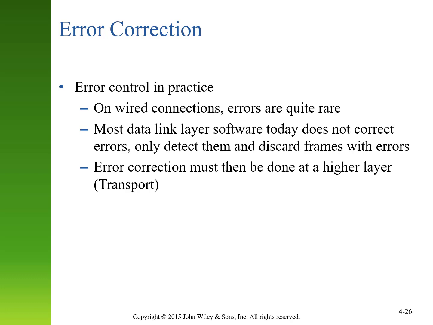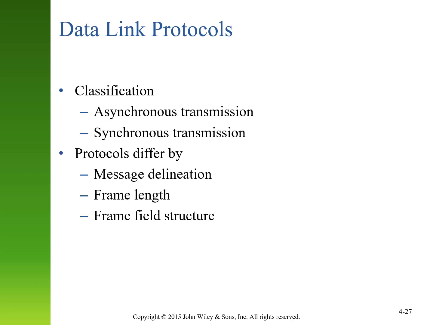Another responsibility of the data link layer is how we move the information from one place to another and how we delineate certain parts of the message. Some messages are sent using asynchronous transmissions, while others are sent using synchronous transmissions.